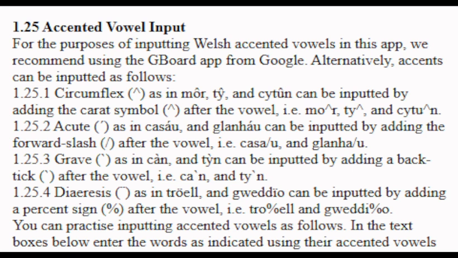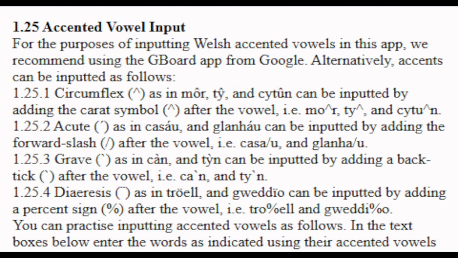So it says, for the purposes of inputting Welsh accented vowels in this app, we recommend using the Gboard app from Google. Alternatively, accents can be inputted as follows. Circumflex can be inputted by adding the caret symbol after the vowel. Acute can be inputted by adding the / after the vowel.